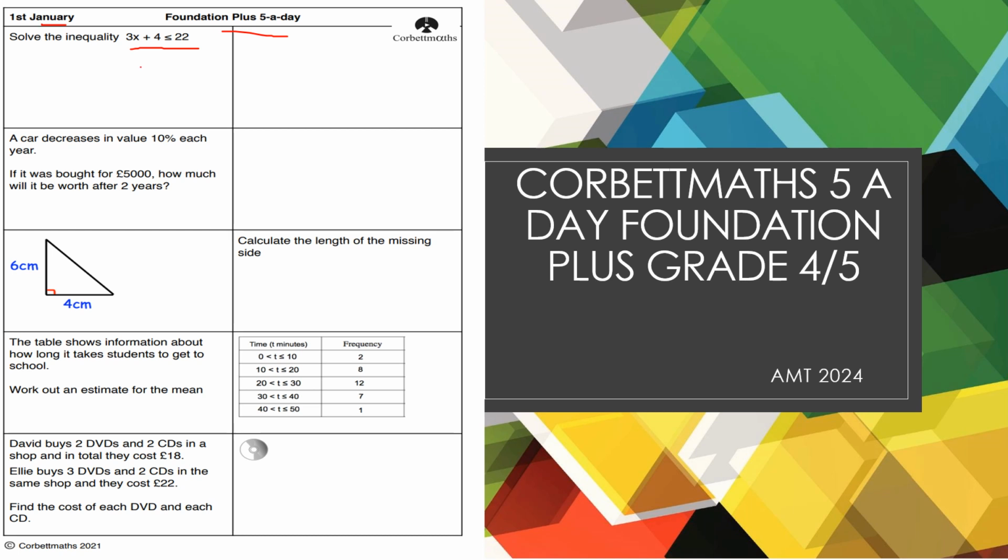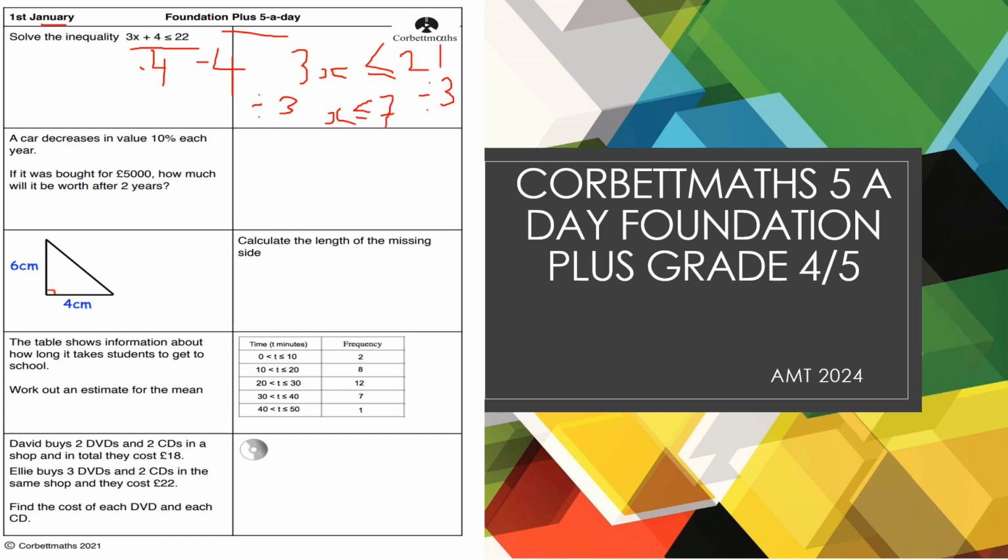Well, if I subtract 4 on both sides, treat it exactly like an equation and keep that sign consistent, I get 3x is less than or equal to 21. 3x means 3 times x, so dividing both sides of my inequality by 3 to balance it, I get x is less than or equal to 7, guys.